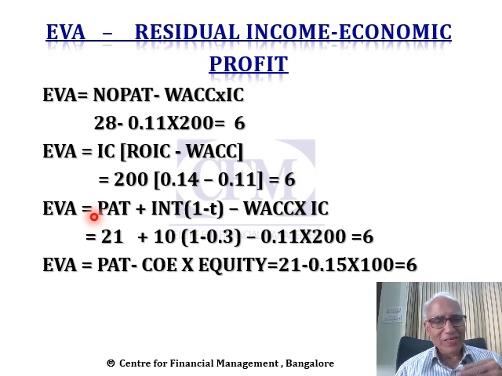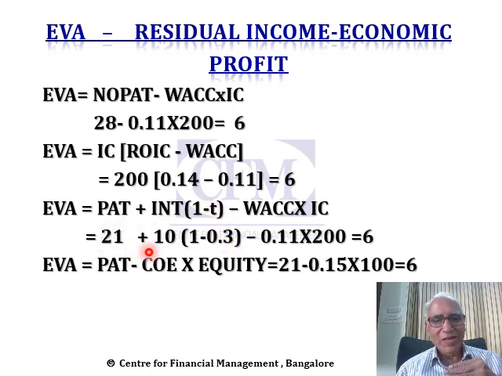EVA is defined in this manner as well: profit after tax plus interest multiplied by 1 minus tax rate. This sum is equal to NOPAT minus weighted average cost of capital multiplied by invested capital. PAT is 21 million, interest is 10 million, tax rate is 30%.